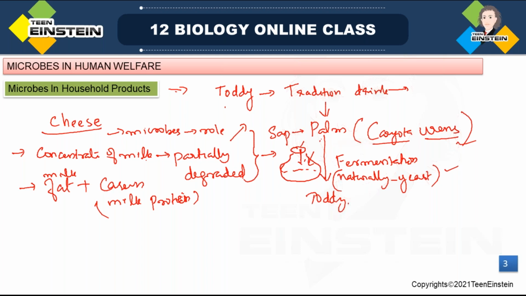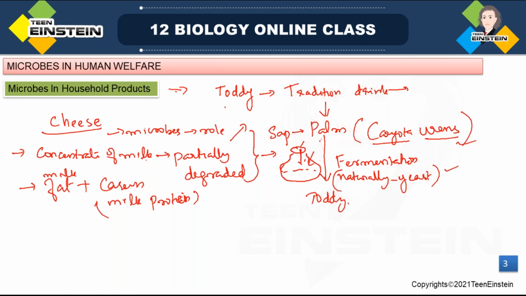Okay, then you can see different types or varieties of cheese by their texture. Different types have different flavors and different tastes, based on the microbes which are used.